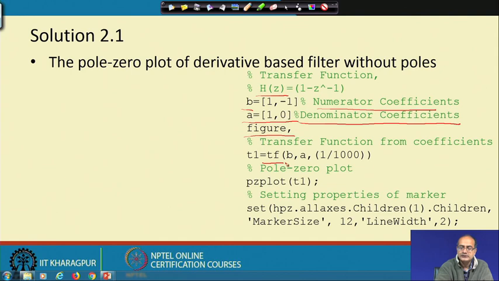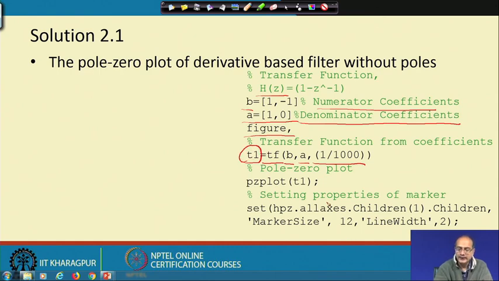The first variable is the numerator polynomial, the second variable is the denominator polynomial, and the third variable is the sampling interval. As we are sampling in this case at 1000 hertz or 1 kilohertz, the sampling interval is 1 by 1000. The transfer function we get, we store in the variable T1.